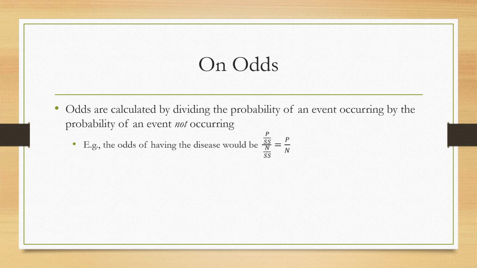We had a 50% chance you have the disease. The odds were 1, and if I interpreted the odds as a probability, I would say you have a 100% chance of having the disease. That's way different. That's a big problem. And if I make a policy decision based on that misunderstanding, that's a drastically different policy than I flip a coin to see whether you have the disease or not versus every single person here has the disease. Those are very different policy decisions.